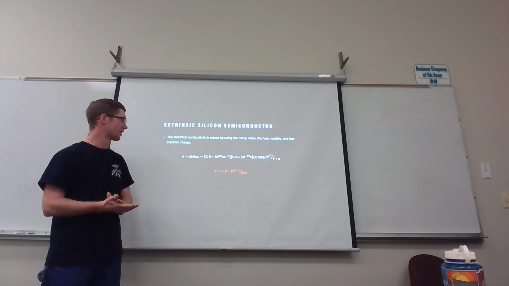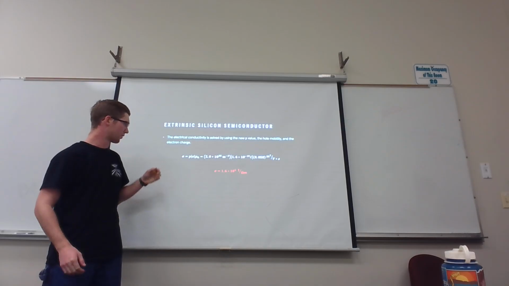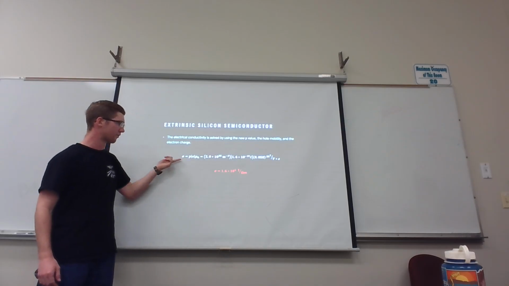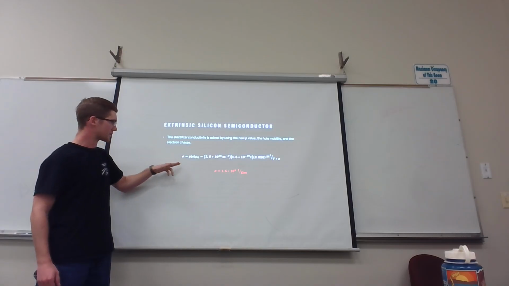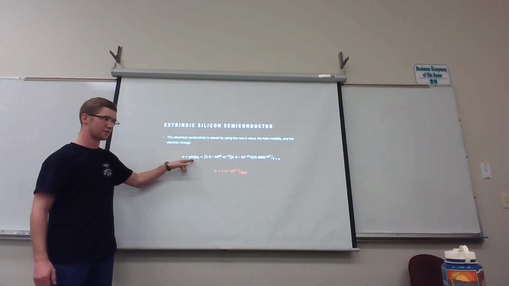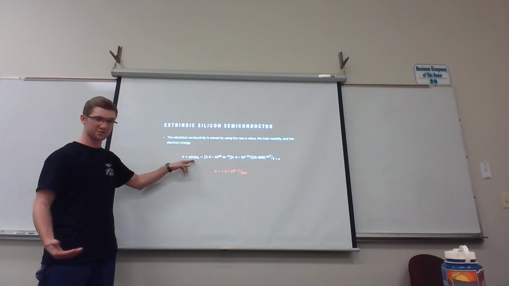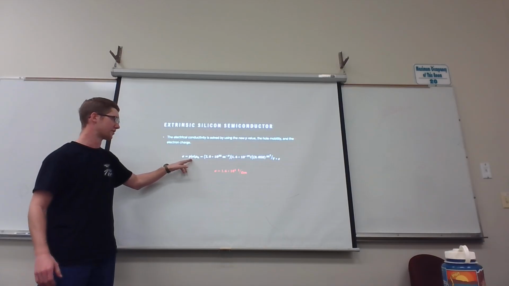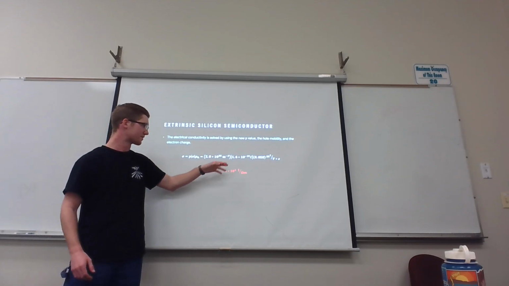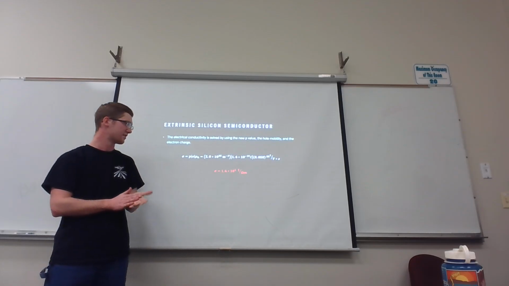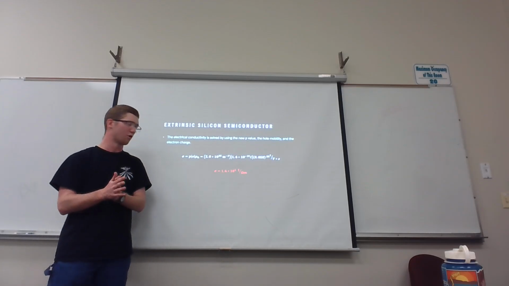Now we can solve for the conductivity, but we're going to use a different equation. This is the equation for a P-type semiconductor: P times the absolute value of the electron charge times the mobility of the holes. When we do all this, we get 1.6 times 10 to the 5th per ohm meter.